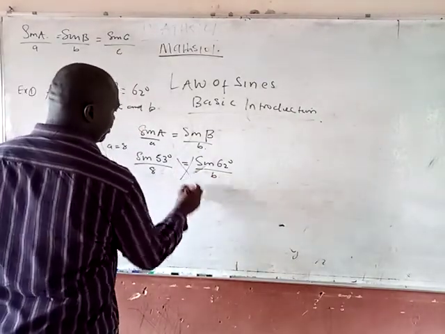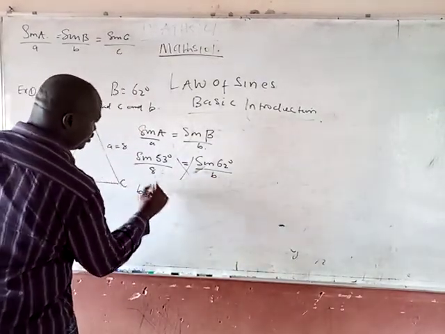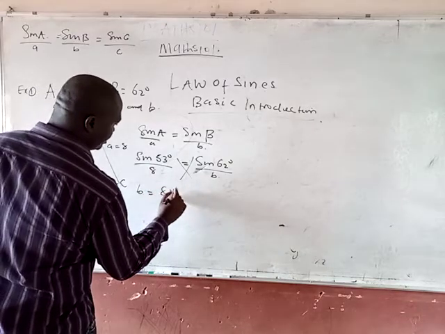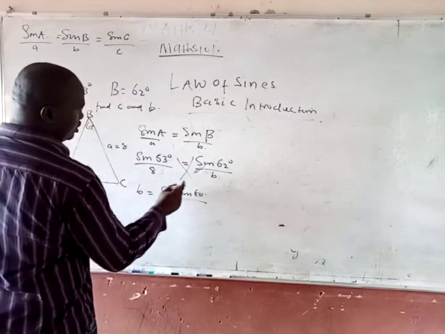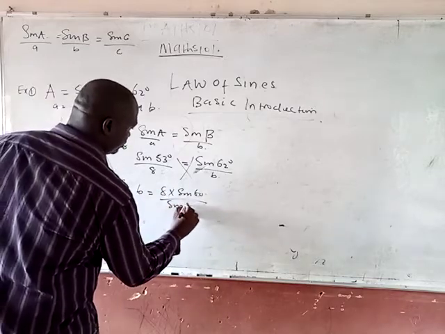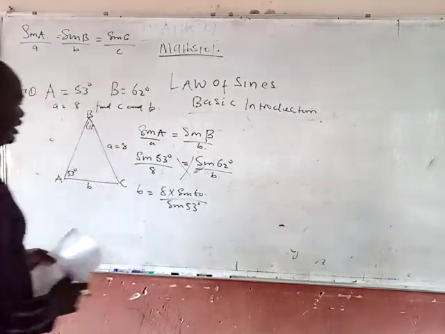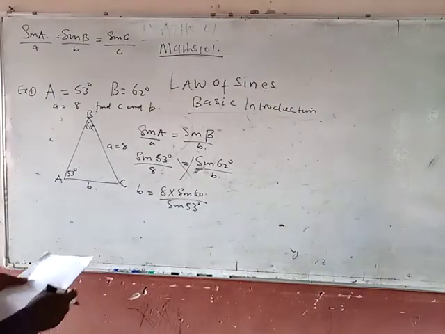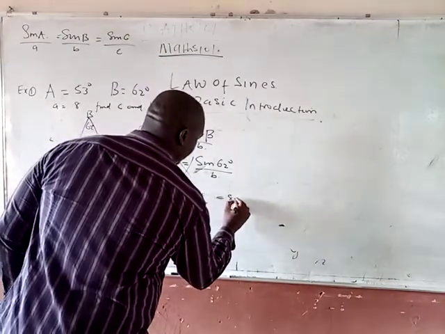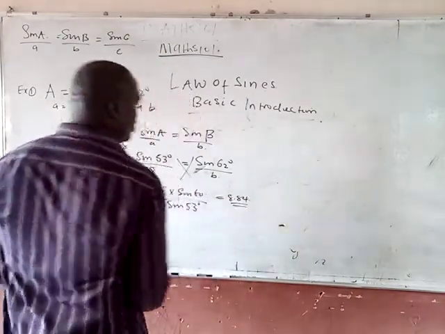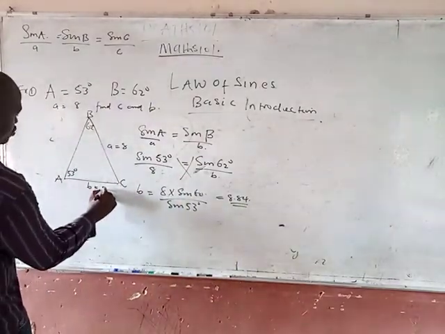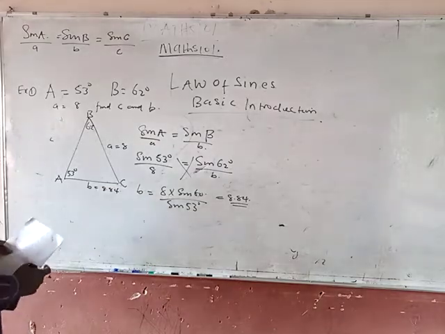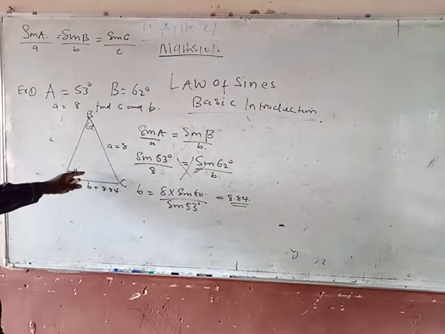So if I cross multiply, my b is going to be 8 times sine of 62 all over sine of 53 degrees. And if you punch it in your calculator, what you're going to get is 8.84. So if my b is 8.84, I can come here and say that b is equal to 8.84.